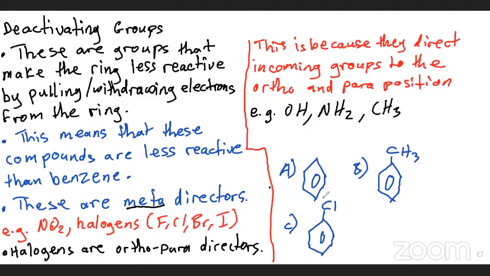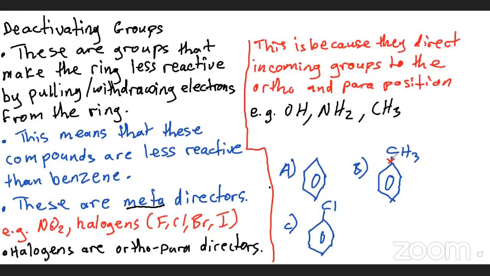So as we said, the chlorine is a deactivator, so it would make the ring less reactive than the regular benzene. So clearly, benzene is more reactive than chlorobenzene, while the methyl group is an activating group. So it will release electrons to the ring.